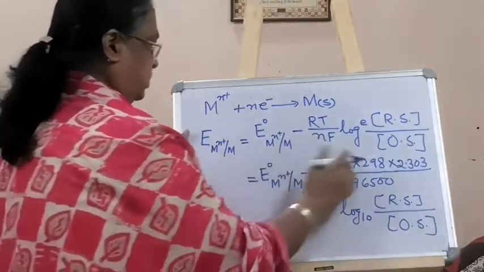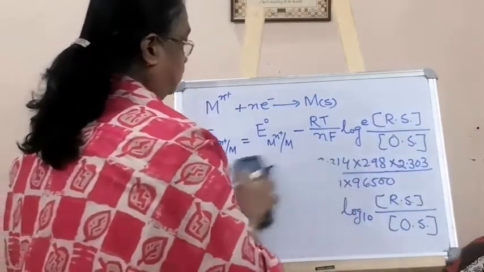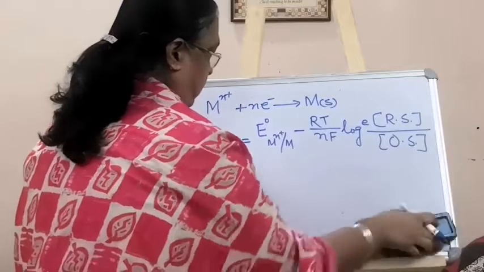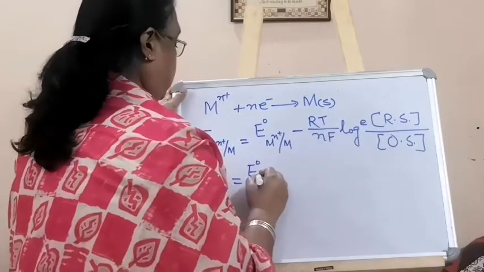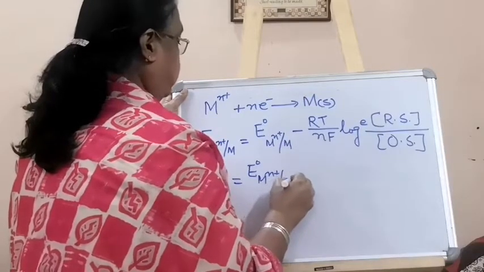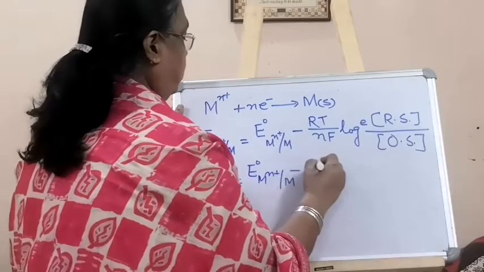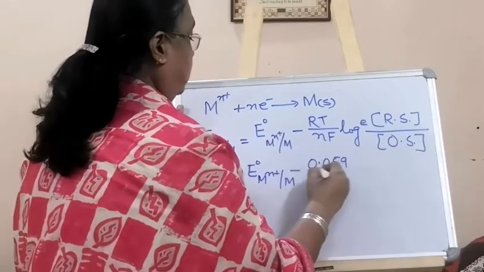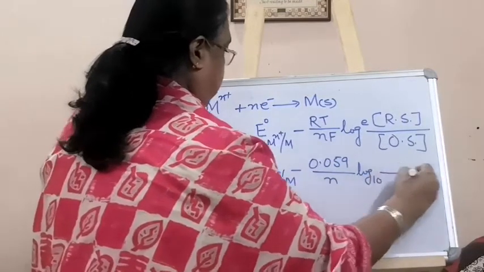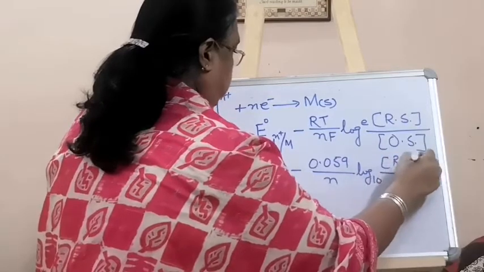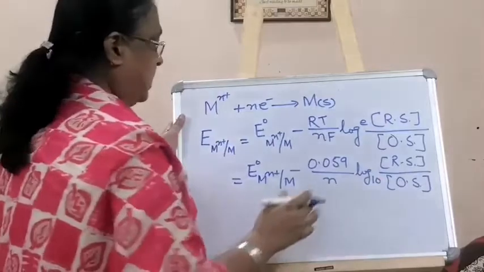Solving all that, we obtain E equals E0, the standard reduction potential, minus 0.059 upon n, log base 10 of the concentration of the reduced state upon the concentration of the oxidized state.